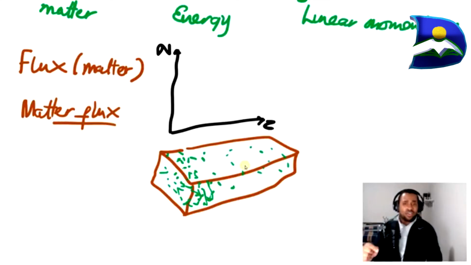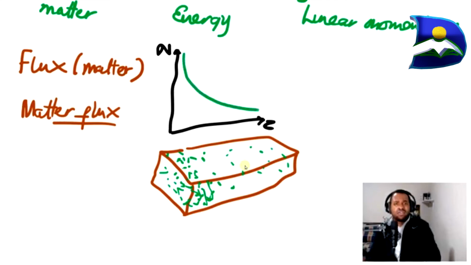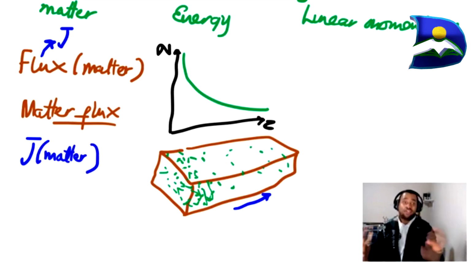And so as a result of that, we have our graph which shows a downhill slope that is not constant and it's changing. And so what we see is that if you plot this and we look at our observation, it shows that there is an increase in our flux, and our flux here, take note, is represented as J. So in this part here, we're going to be measuring our J for matter, which is the same thing as our matter flux.